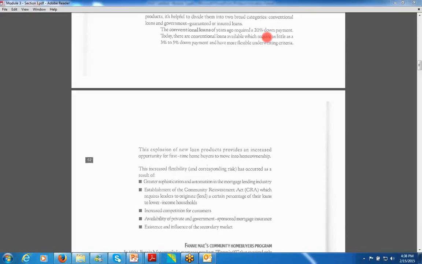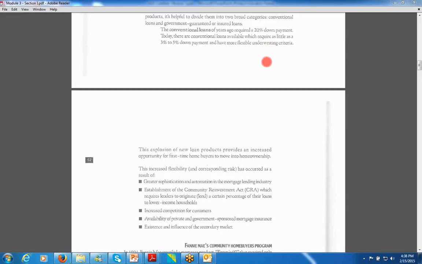The VA, one of the benefits for serving in the military and crawling under barbed wire and sleeping in ditches, is you can actually buy a home with zero down as a veteran, because your home purchase will be guaranteed or sponsored by the Veterans Administration, thereby reducing the risk for the lender and expanding the pool of people who will qualify for home ownership.